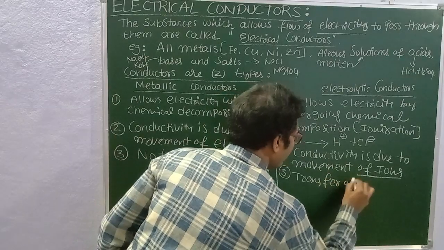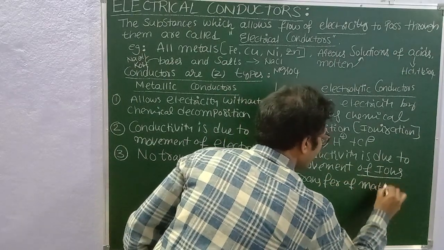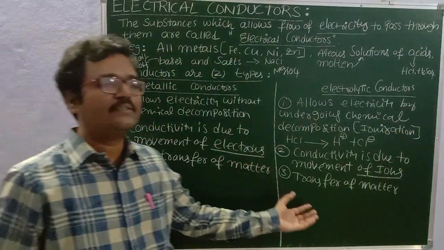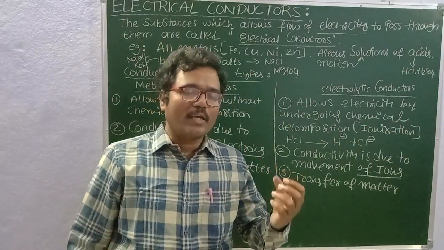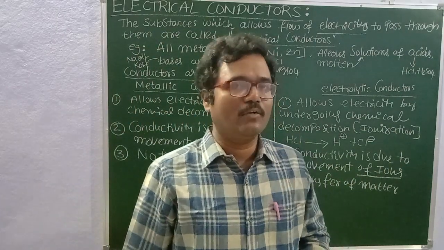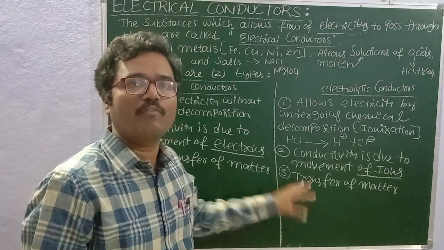Transfer of matter occurs in electrolytic conductors. Transfer of matter means some of the gases will be released at the electrodes, some of the compounds will be deposited at the electrodes, so that could be the meaning for the transfer of matter.